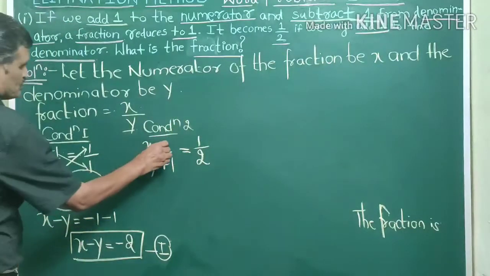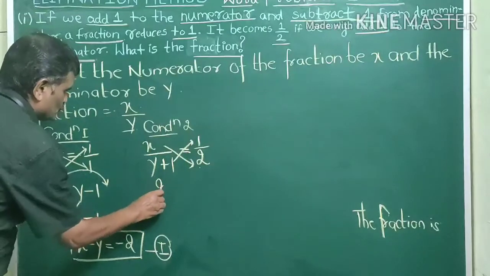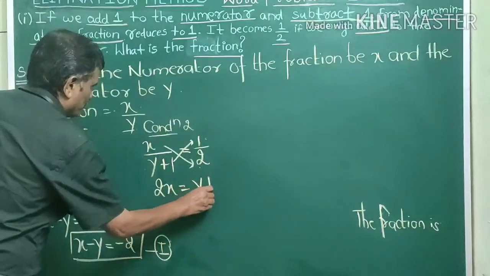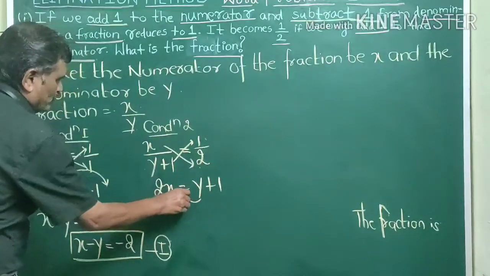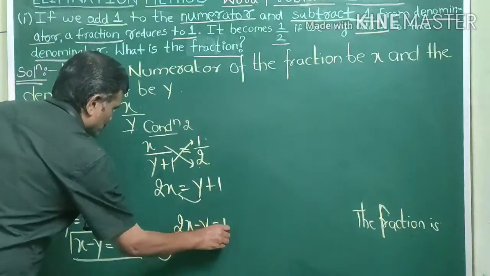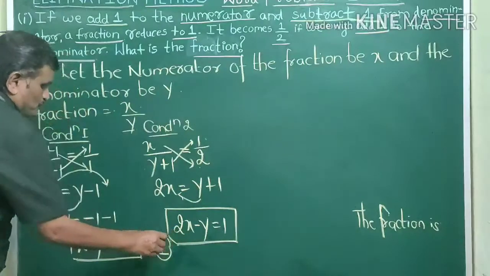If I cross multiply, I get 2 into x is 2x, and 1 into y plus 1 is y plus 1. Again let me transpose this y towards the left side. It becomes 2x minus y is equal to 1. This becomes my equation number 2.